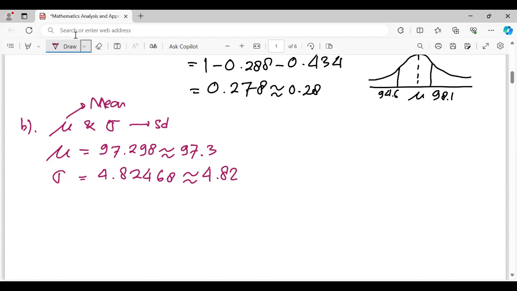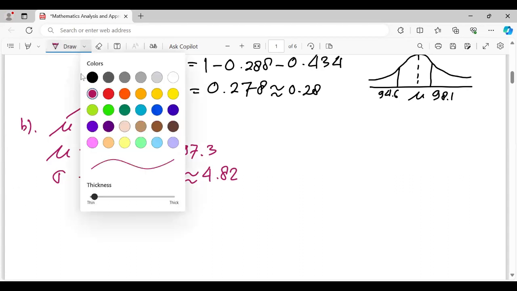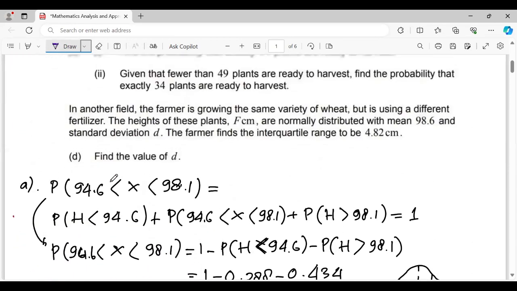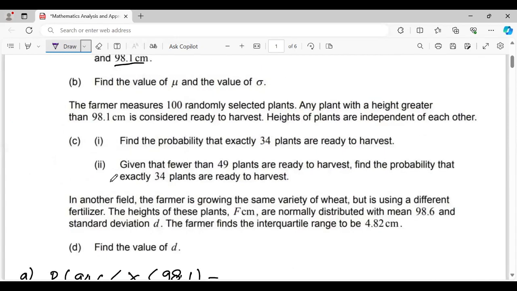Then C, and for the binomial, I'm going to check the question first. Find the probability that exactly 34 plants are ready to harvest.